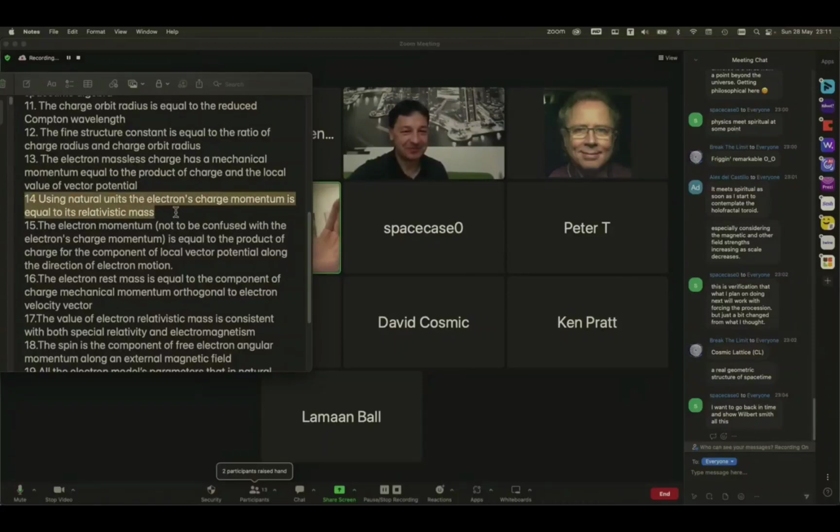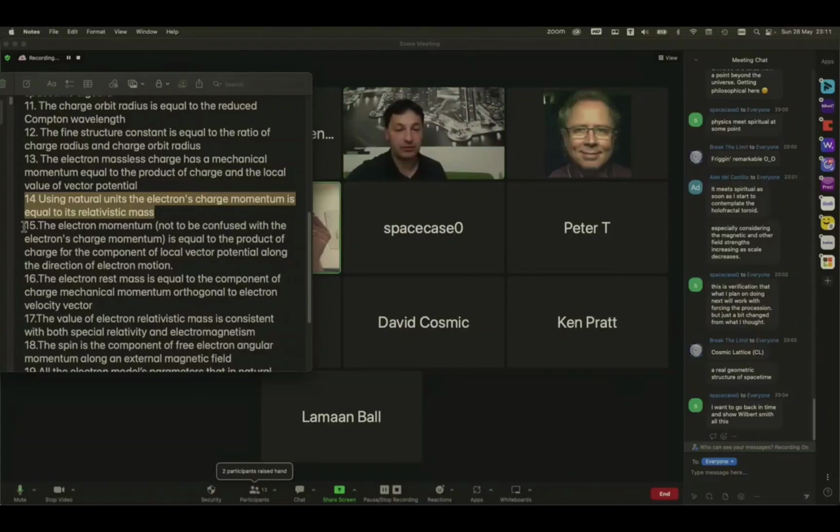Right. 14. Using natural units, the electron's charge momentum is equal to its relativistic mass. Yeah. So this means that in natural units, that's why they are called natural, you can use mass, energy, momentum as equivalent measures. 15.